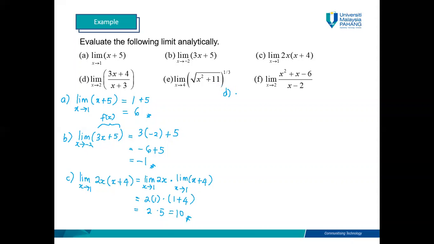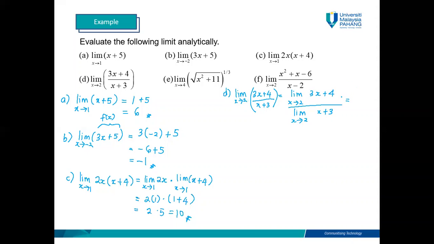Okay, limit of ini adalah 3x plus 4 over x plus 3. So this one is a quotient rule. When x approaches 2, quotient rule, limit of 3x plus 4 when x approaches 2 over limit of x plus 3 when x approaches 2.